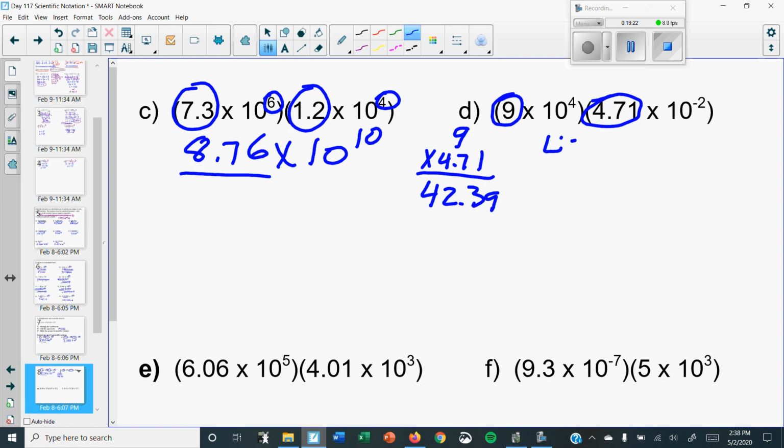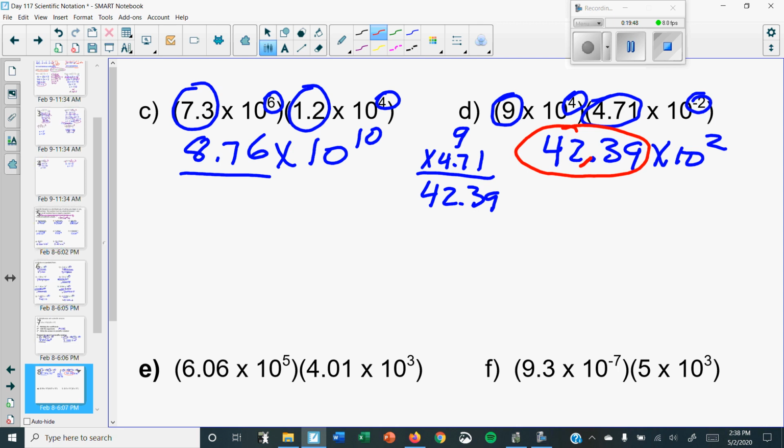But something's going to be a problem soon. 42.39 times 10 to the 4 plus negative 2 is 2. Now, if you circle that, it's wrong. In order for it to be in scientific notation, this number needs to be between 1 and 10. Is 42.39 between 1 and 10? No. So you got to swoop the decimal.